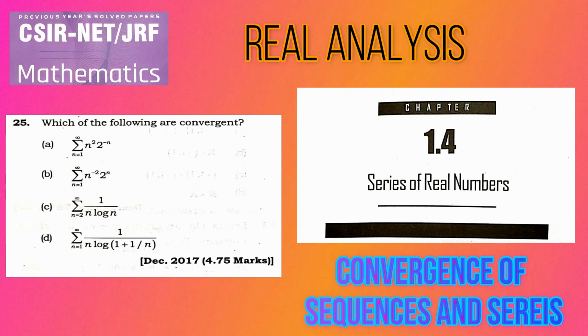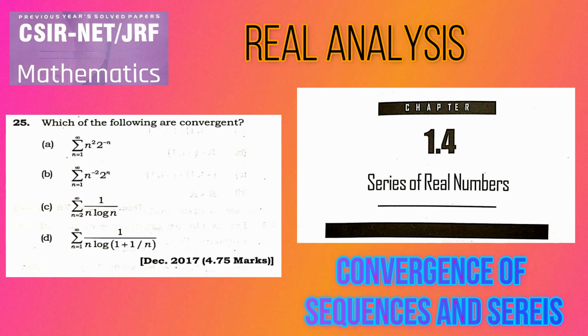Second option: sum from n equal to 1 to infinity of n raised to minus 2 into 2 raised to n. Third option: sum from n equal to 2 to infinity of 1 upon n log n. And the fourth option: sum from n equal to 1 to infinity of 1 upon n into log of 1 plus 1 by n. We have to figure out which of these series is correct.